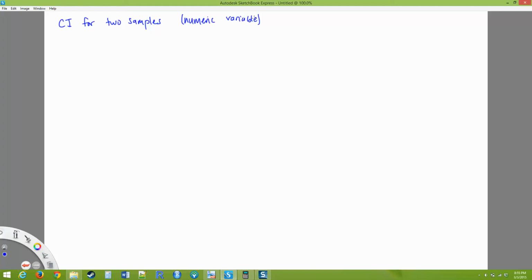Is the clue for the hypothesis question, is this evidence? That's going to tell you whether you should use a greater than, less than, or not equal sign in your alternative hypothesis.